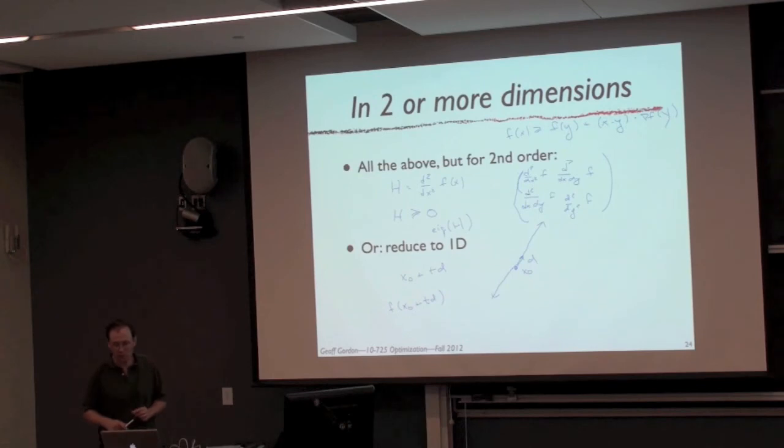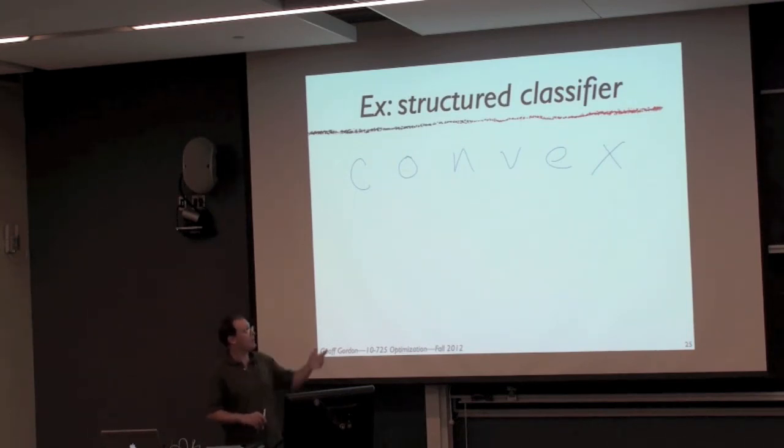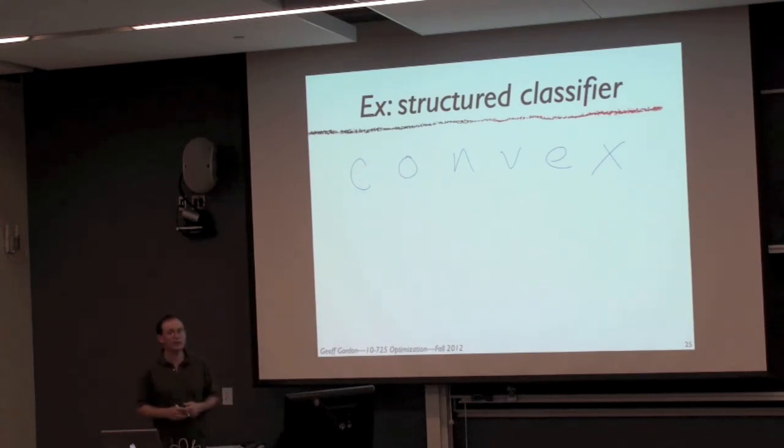All right, so I wanted to do a more complicated example. I don't think we necessarily have time before the end of the period, but I want to at least set it up. Suppose I'm trying to do handwriting recognition. So I have some nice randomly chosen word like convex here, and I got that by writing these letters on my tablet, and I can split it up into individual letters like this.